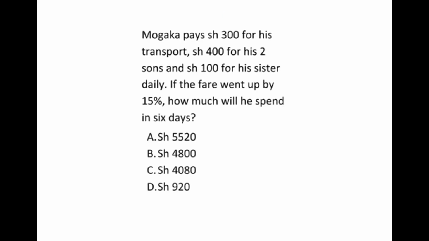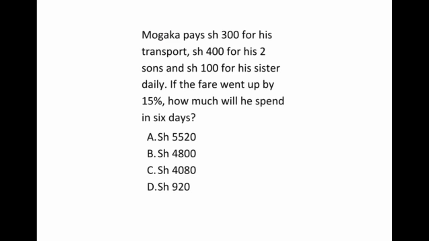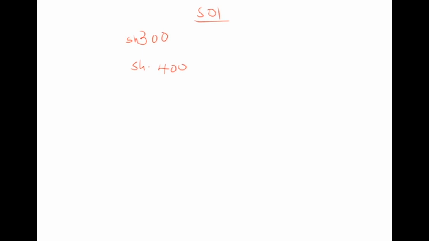We are told that Mungaka pays 300 shillings for his transport, 400 shillings for his 2 sons, then 100 shillings for his sister daily.